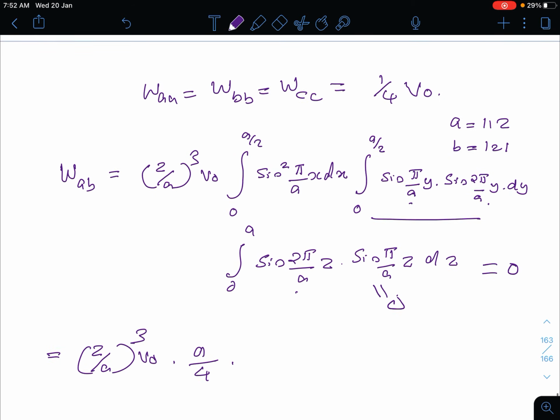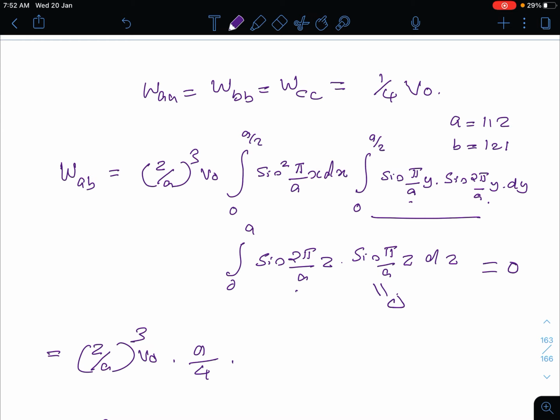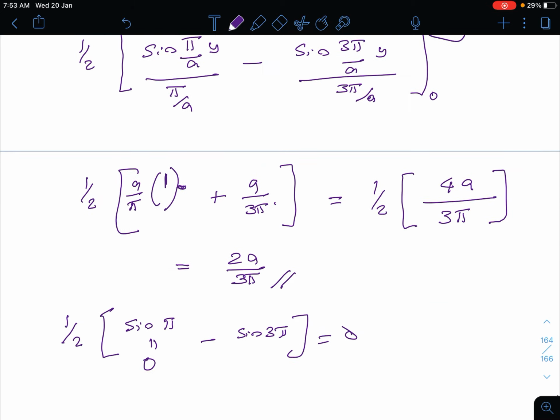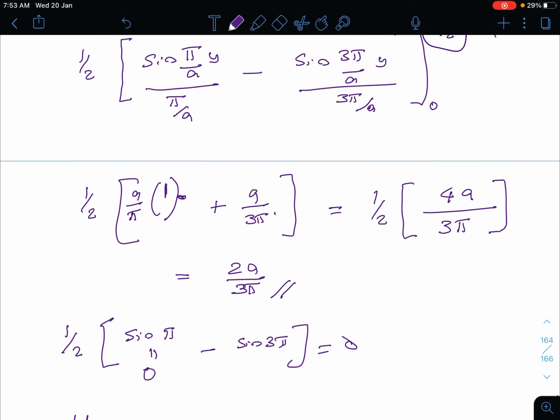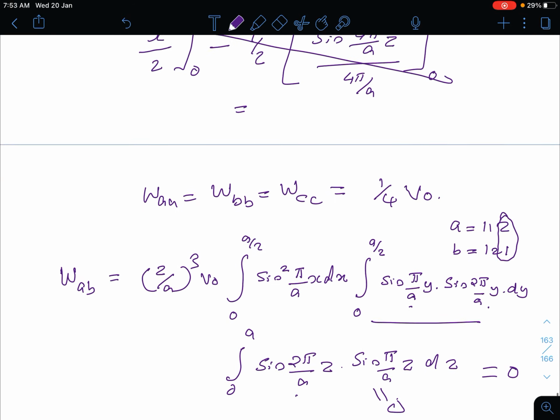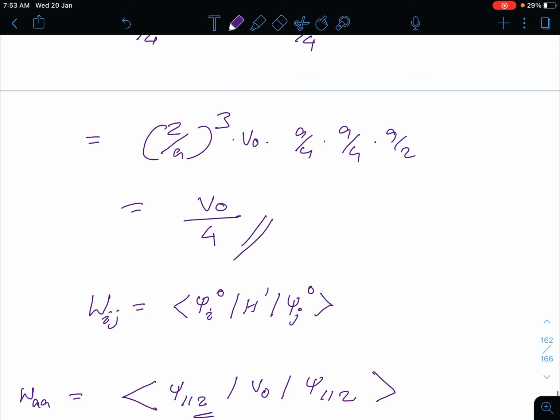So whenever 2 and 1 come in the z limits, then it is simply 0. So what would be WBC? Oh, we haven't written the C, sorry.